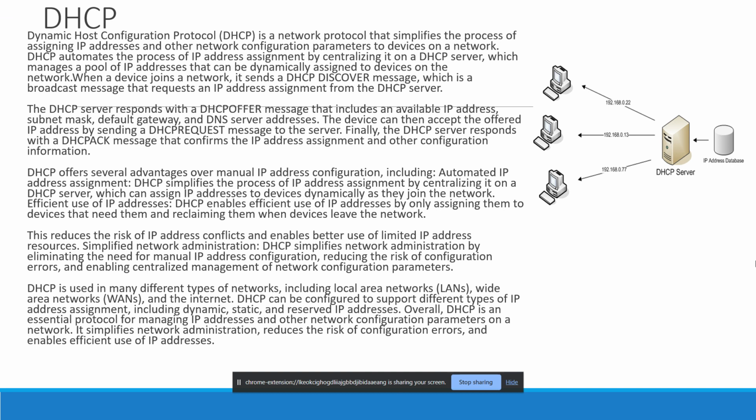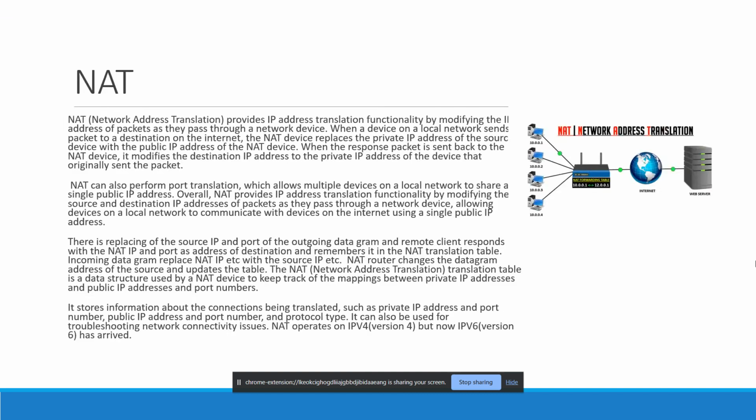DHCP is used in many types of networks, including local area networks, wide area networks, and the internet, and can be configured to support different types of IP address assignment, including dynamic, static, and reserved IP addresses. It is an essential protocol for management of IP addresses and other network configuration parameters on a network, and it simplifies network administration, reduces the risk of configuration errors, and enables efficient use of IP addresses.